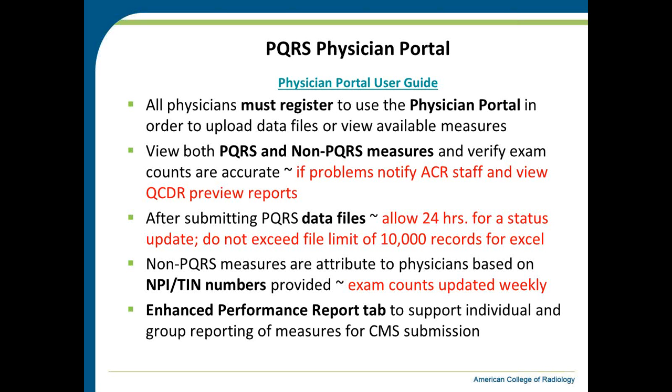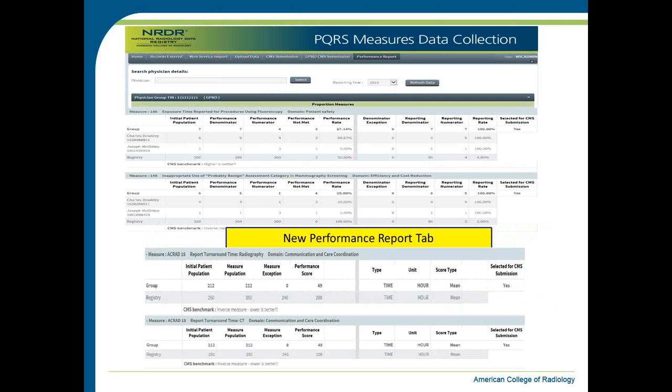And then part of the physician portal, and all of you have found it already, we have an enhanced performance report tab to help support individual and group reporting of measures for CMS submission. This is just a snapshot of what that portal looks like. During our last webinar, we had not released it yet.